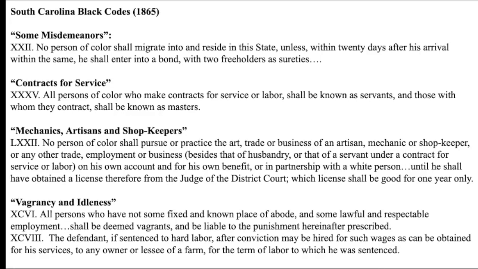The defendant, if sentenced to hard labor after conviction, may be hired for such wages as can be obtained for his services to any owner or lessee of a farm for the term of labor to which he was sentenced. And by hiring here, they don't mean that they're paying the laborer. They mean that they're hiring the laborer from the state.